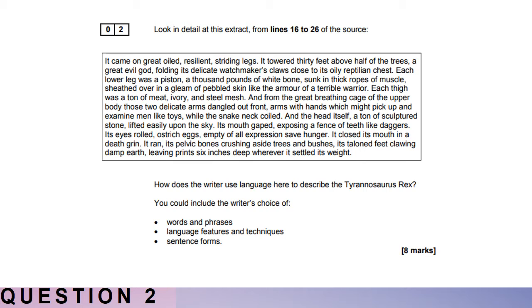Its eyes rolled, ostrich eggs, empty of all expression save hunger. It closed its mouth in a death grin. It ran, its pelvic bones crushing aside trees and bushes, its taloned feet clawing damp earth, leaving prints 6 inches deep wherever it settled its weight.